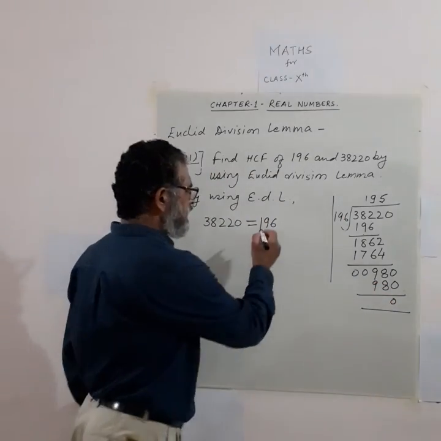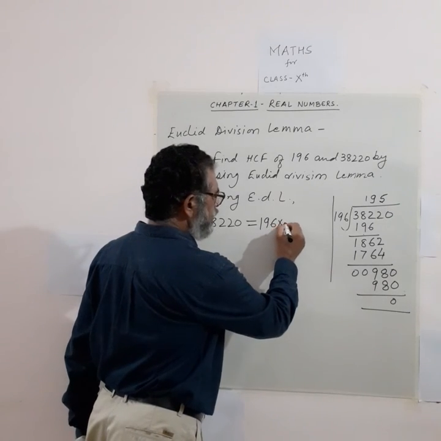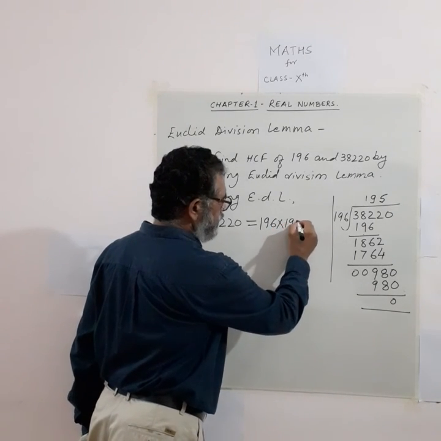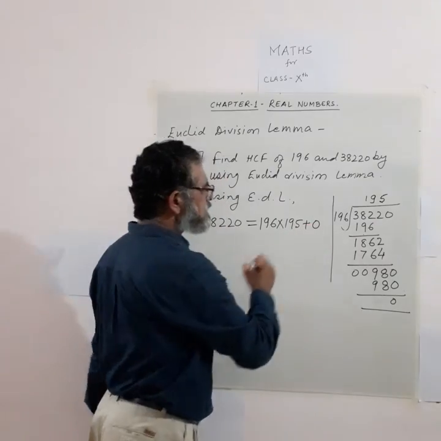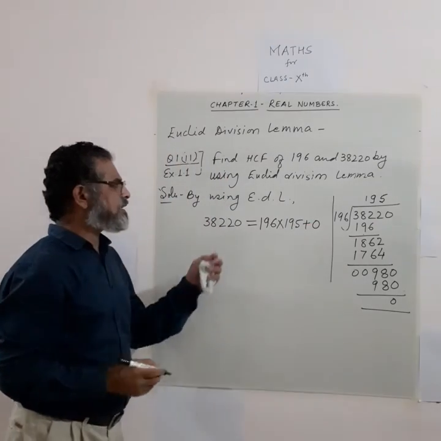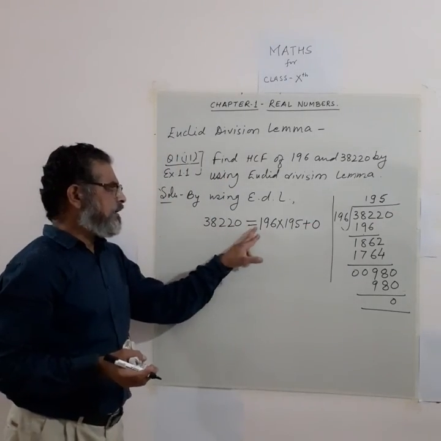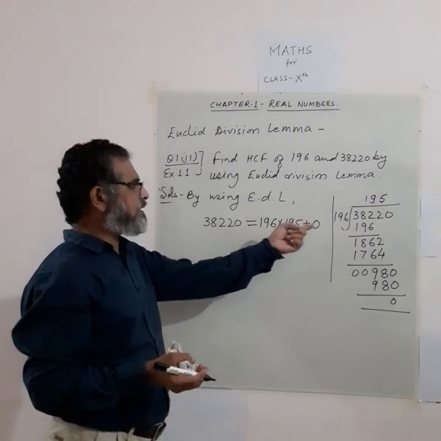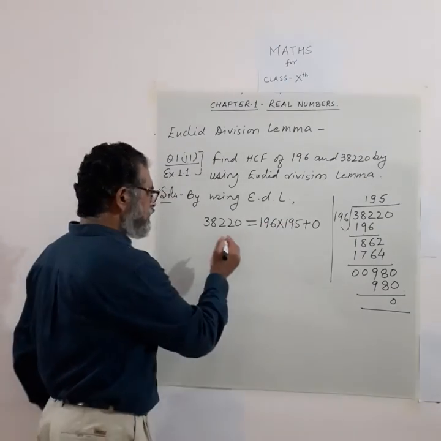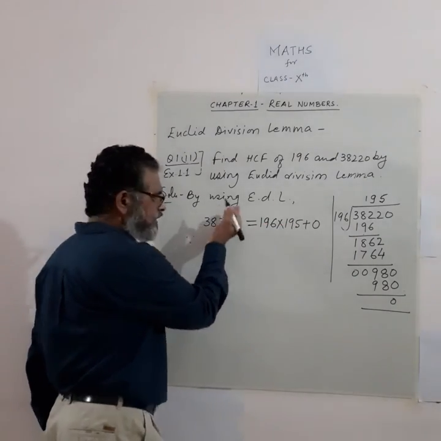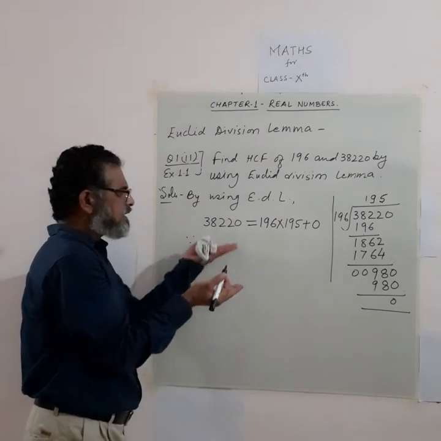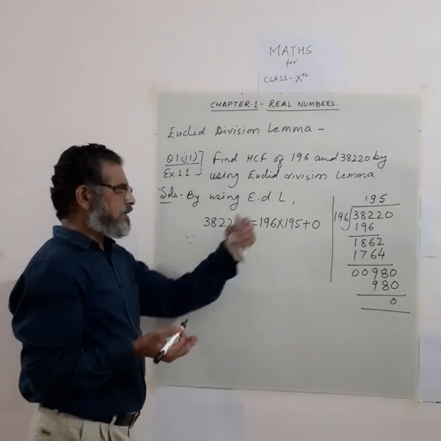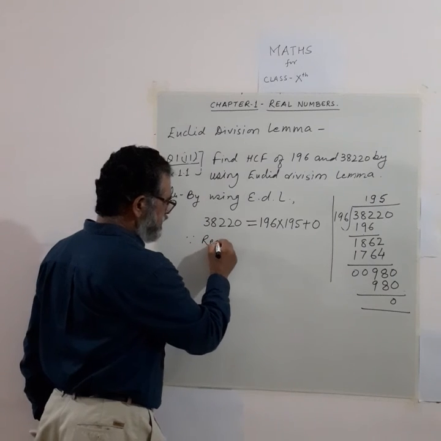So you can write 196 into 195, and the remainder is 0. So in this question we get remainder 0 in the very first step. Since the remainder is 0, we need not write any other steps.